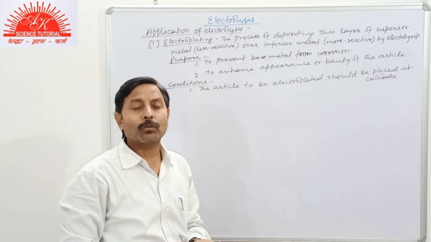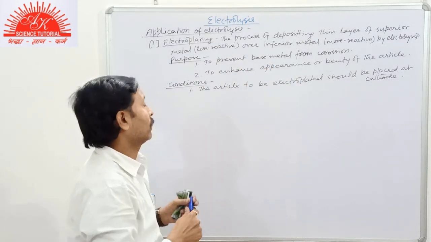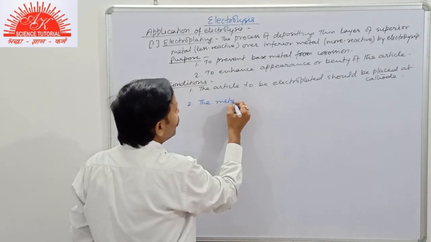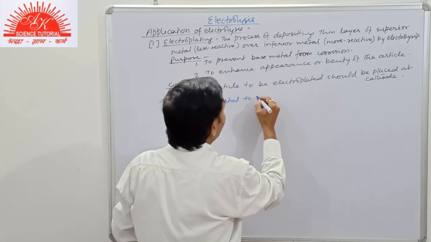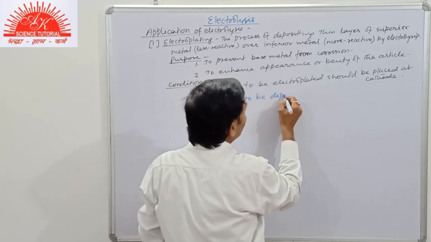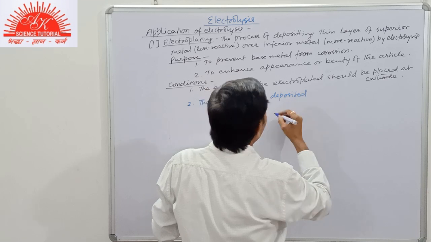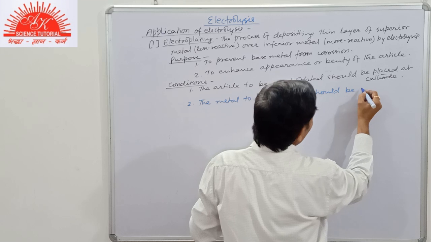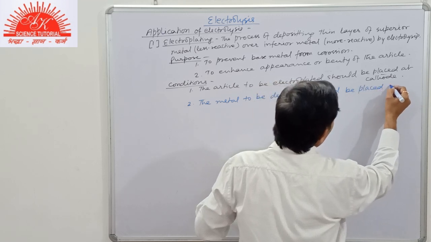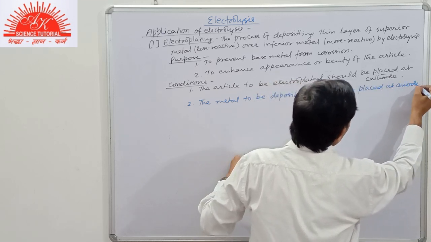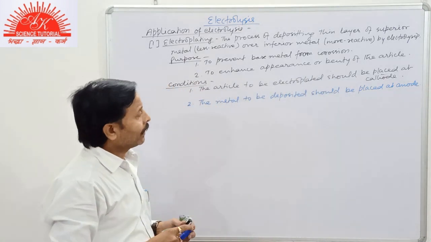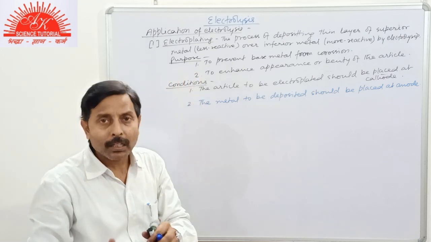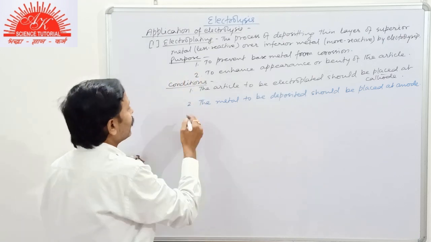Metallic ion is discharged at cathode, so metal will be deposited at cathode. Next, the metal to be deposited should be placed at anode, because we have seen attackable electrode, that is metal from anode is transferred to the cathode. So this can be used here.